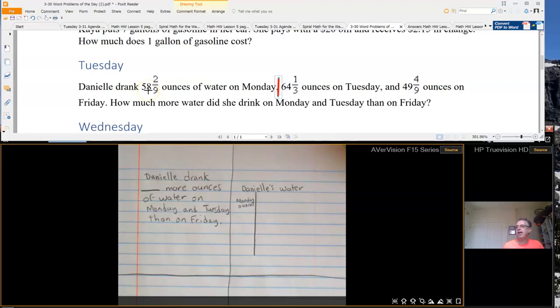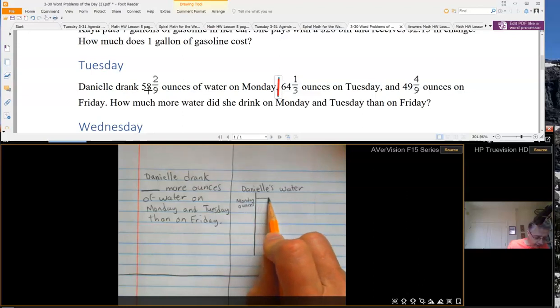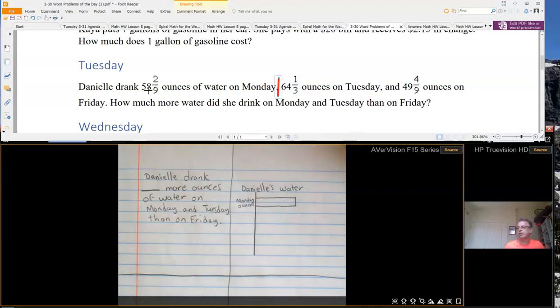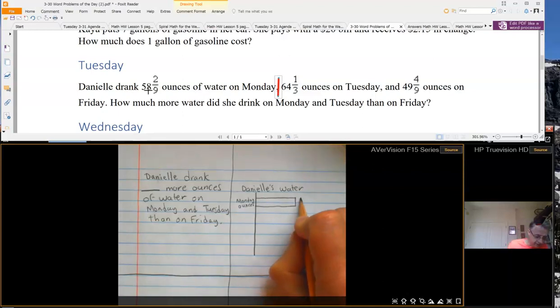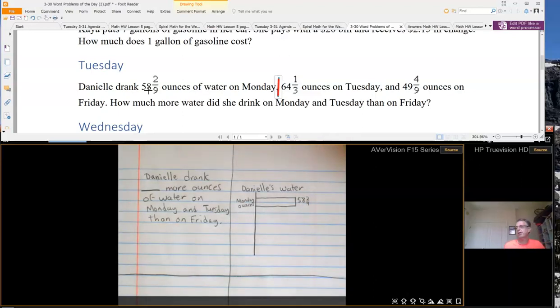It looks like 58 is the second biggest, so it's going to be the middle size unit bar, not the longest, not the shortest, the middle. And I'm going to put here that it is 58 and 2/9 ounces total.